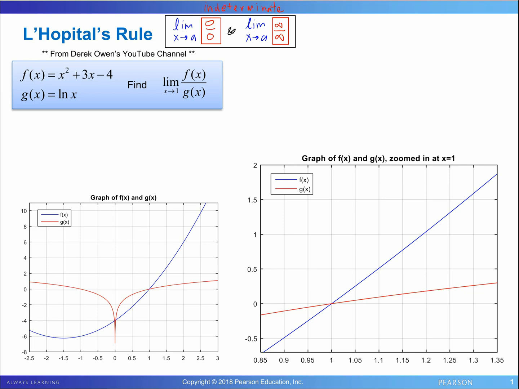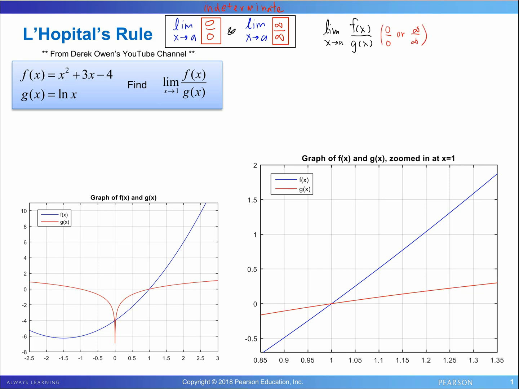Now, in L'Hopital's rule, you can use this. Limit of f of x, the first function, divided by another function, g of x, when x approaches a certain value. Let's call it a. And the fraction between the two functions has to be in this form, 0 divided by 0, or infinity divided by infinity, either one of them.